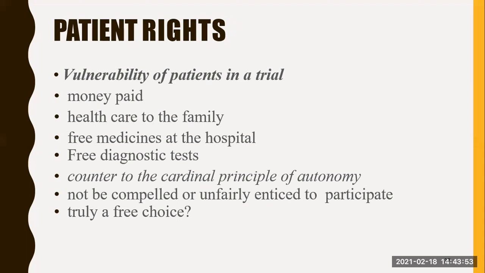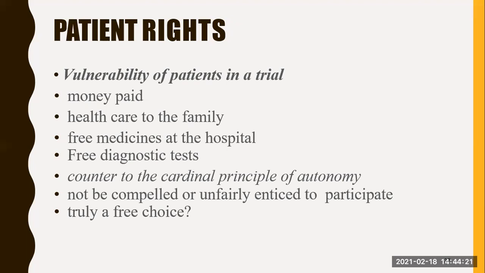Okay. Then next is healthcare to the family. Okay, so this is the second vulnerability the patients have. That is, during clinical trials, the sponsors tend to provide insurance to the family members also of the patient.